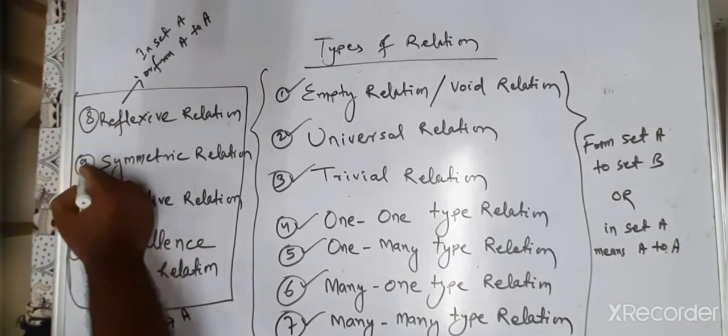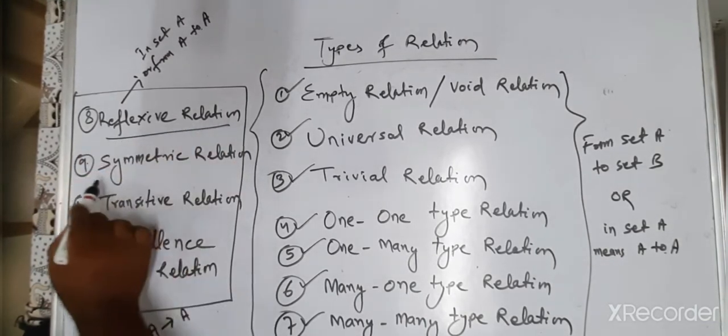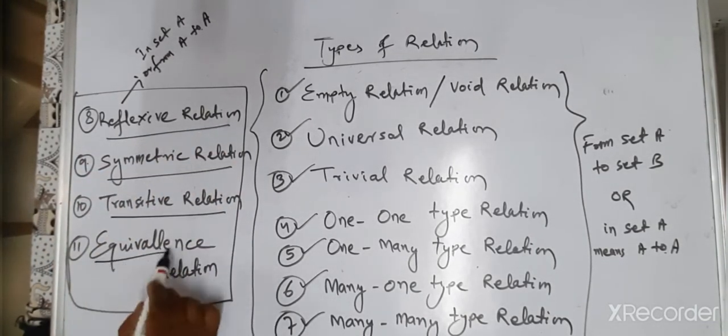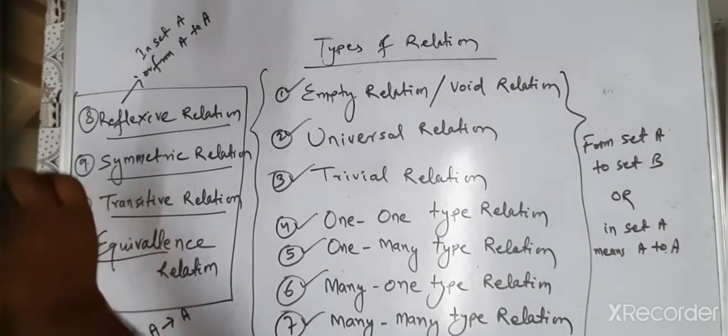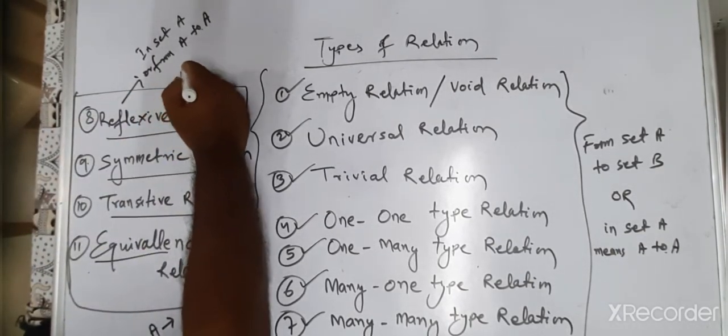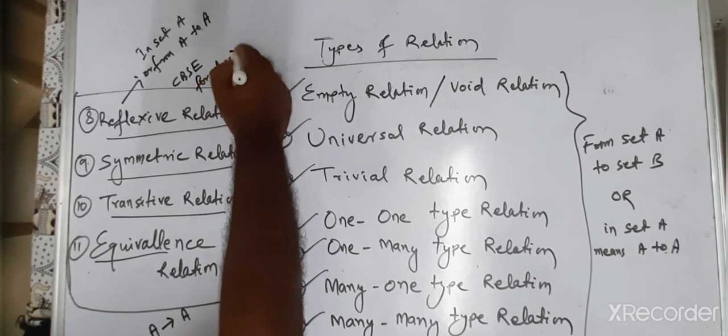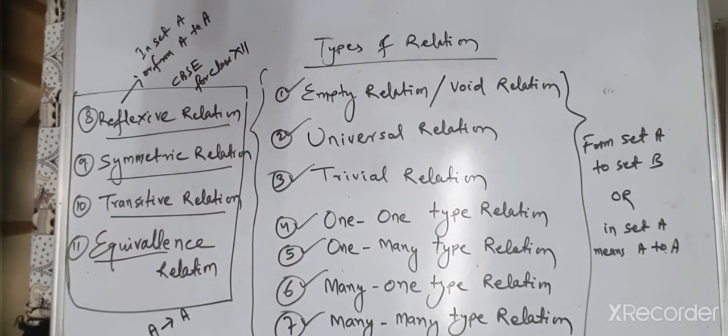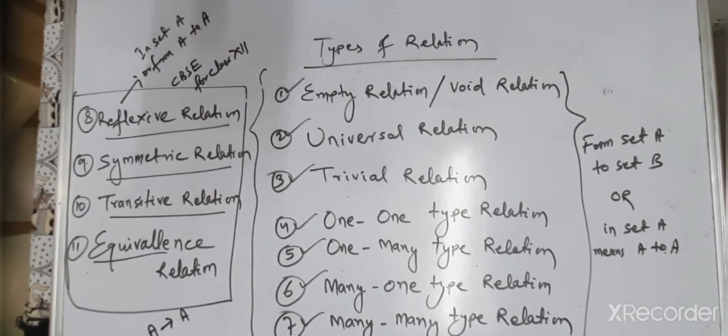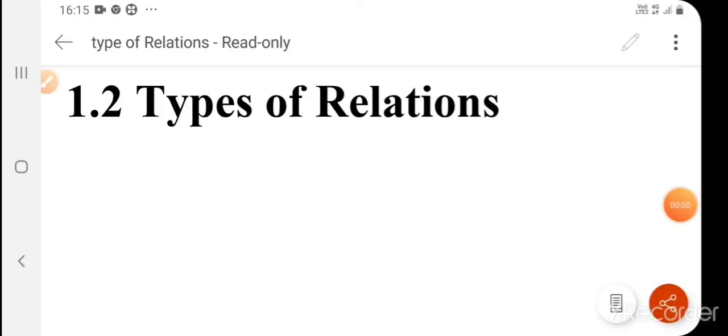Next we discuss 8, 9, 10, 11, that is reflexive relation, symmetric relation, transitive relation and equivalence relation, and these four relations are mainly for the CBSE class 12 syllabus. So here we discuss the different types of relation one by one.